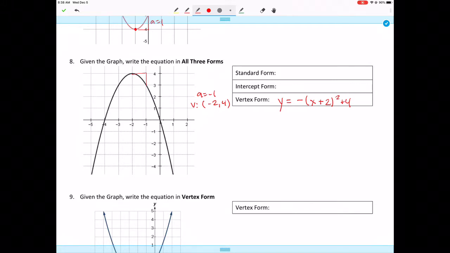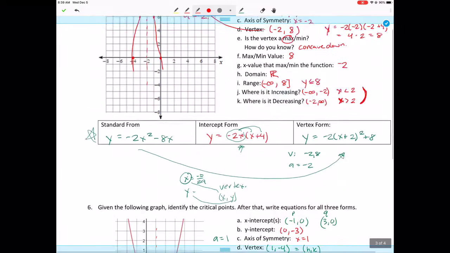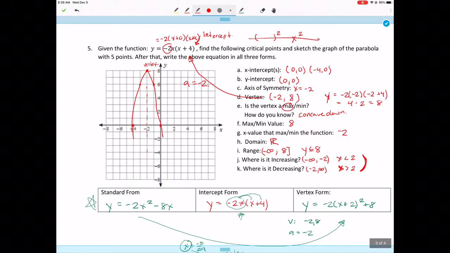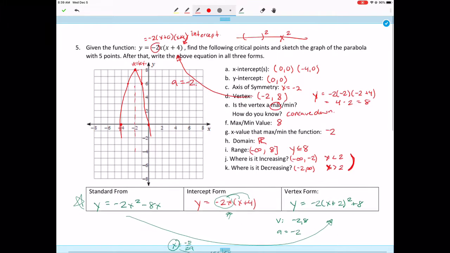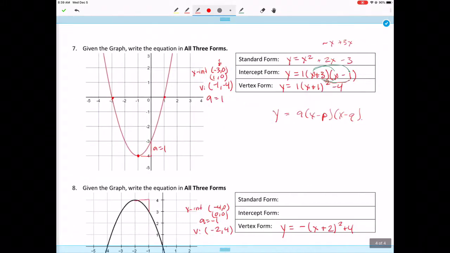And then intercept form, we have x-intercepts are negative 4, 0 and 0, 0. And looking at that, that looks a lot like this equation. Oh, close, but not quite. Okay.